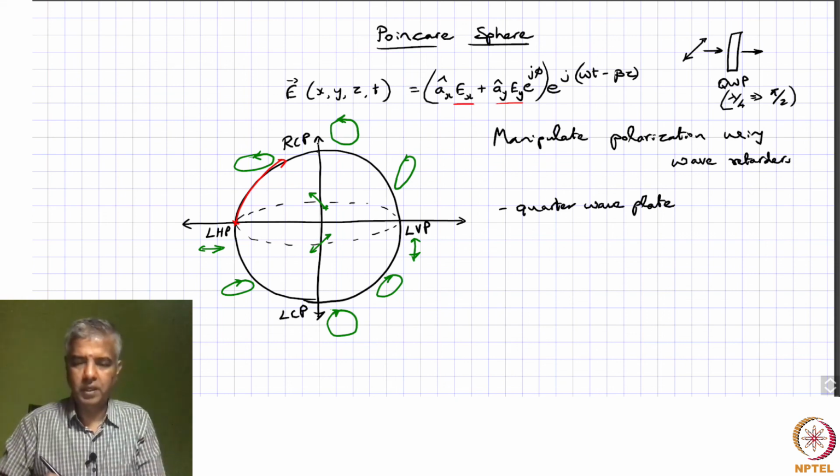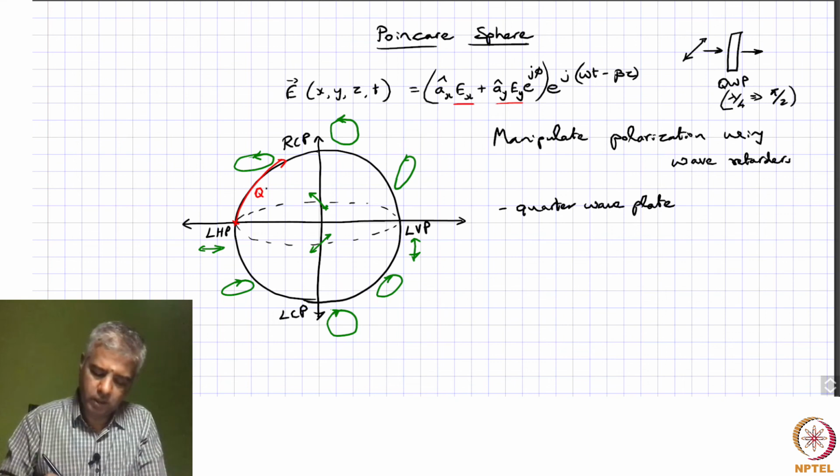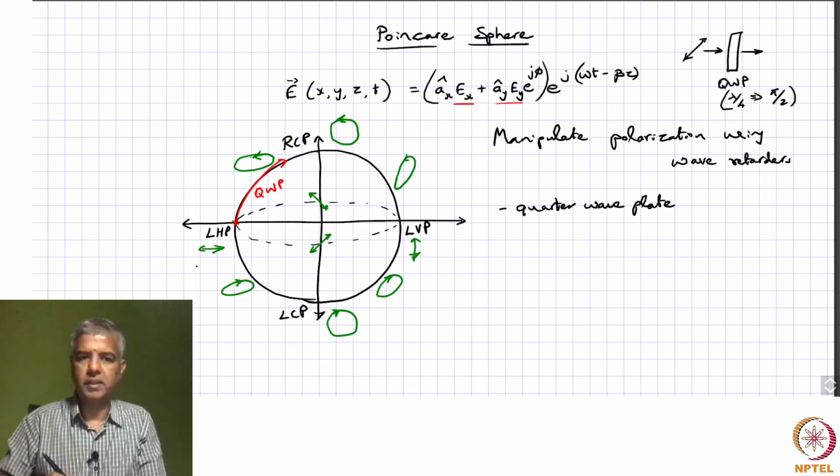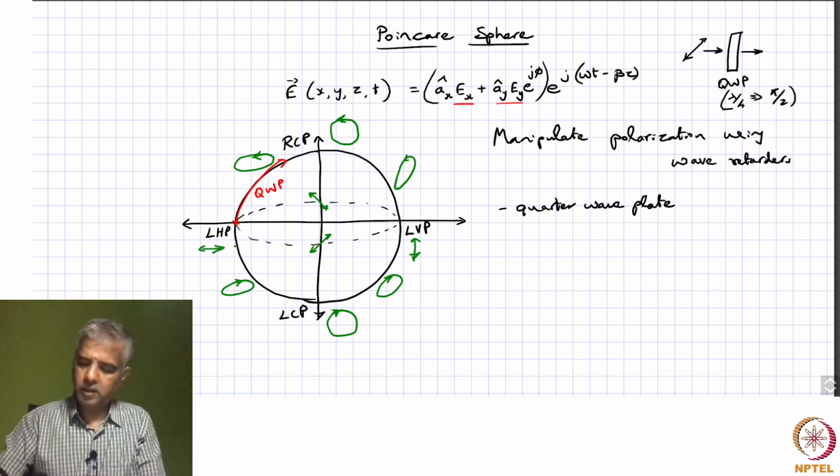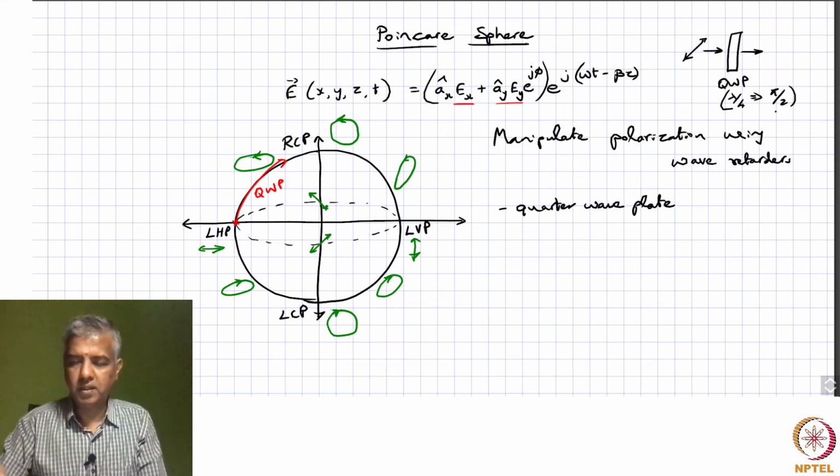So moving from the equator towards the pole. This is what a quarter wave plate does. It moves you from the equator upwards, or if it's the other way, it is minus pi by 2.